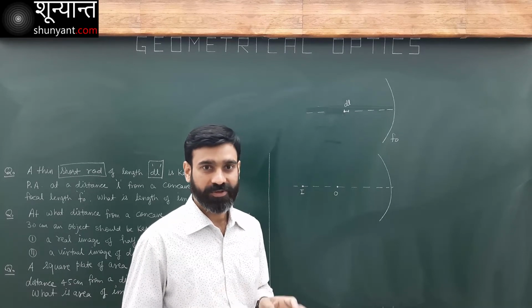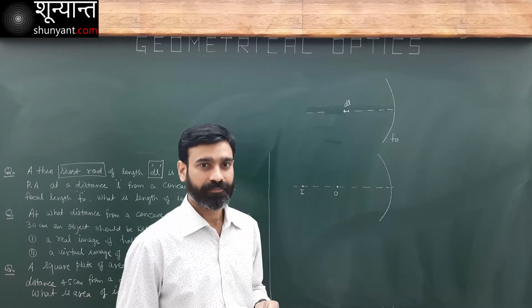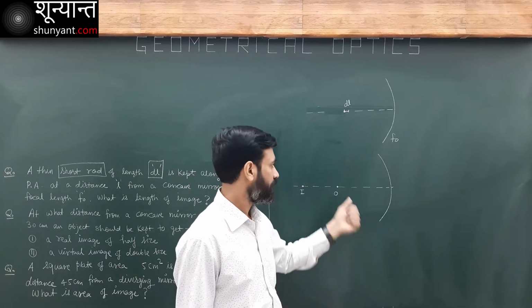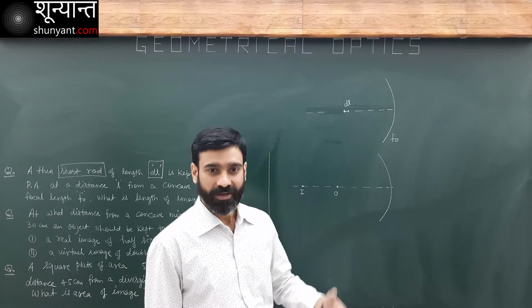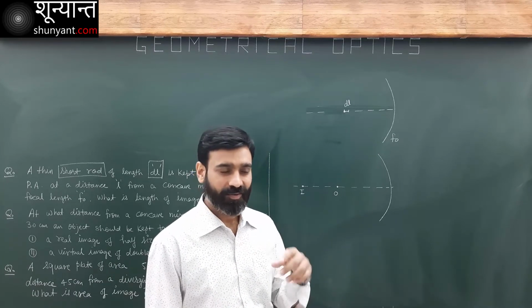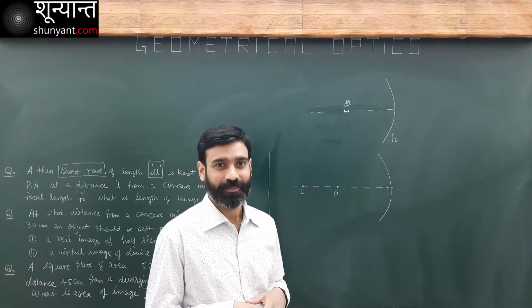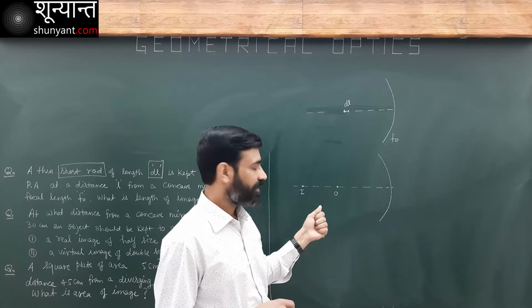But if this shift is very small, for example, the focal length is 40 centimeter and I am shifting it by half a millimeter, 1/10 of a millimeter, the calculation is going to be a little dirty, a little cumbersome. Of course I am going to get an answer. But now there is one other easy way.